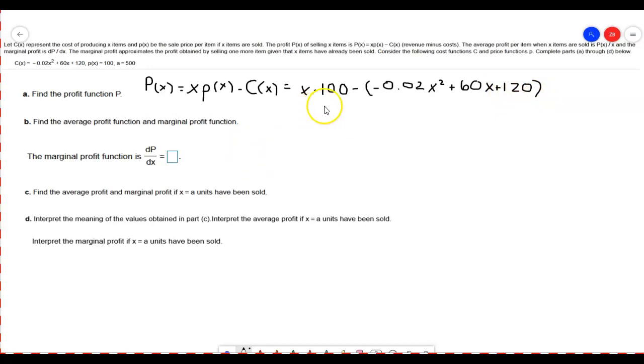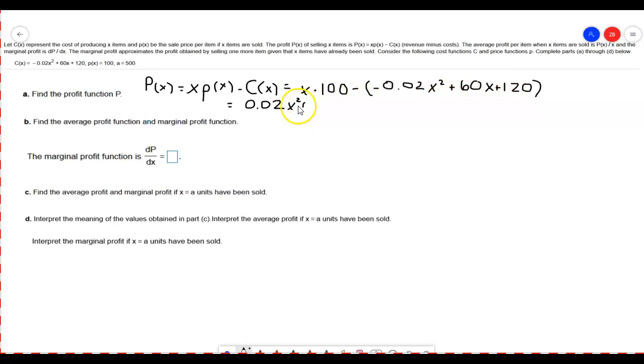Then all we got to do is kind of clean that up. So that's going to be 100x, and since we're subtracting there, we just change the sign of everything. So this thing is going to equal a positive 0.02x squared. This will be a negative 60x. That'll be a positive 100x.